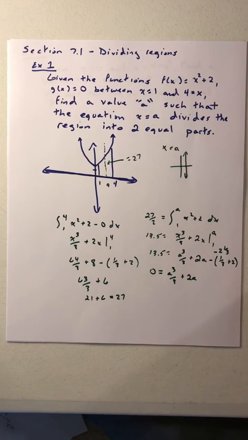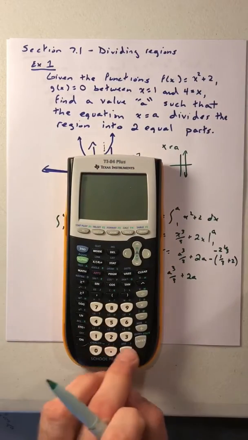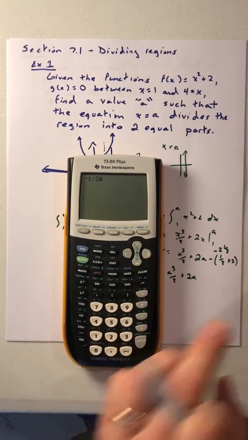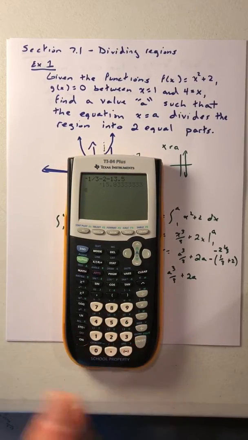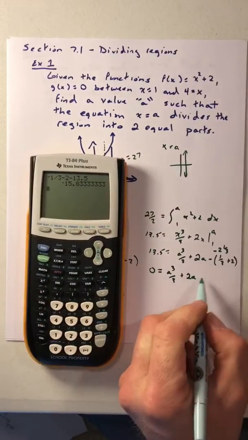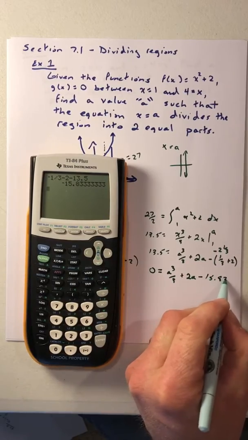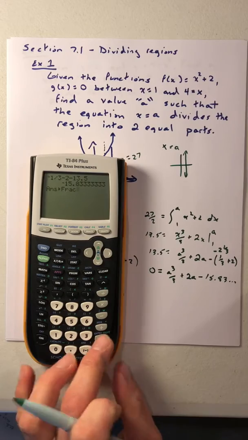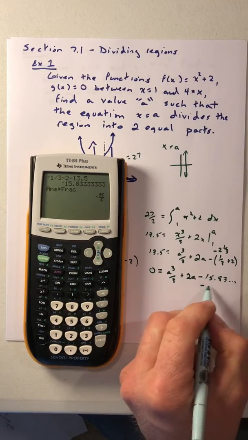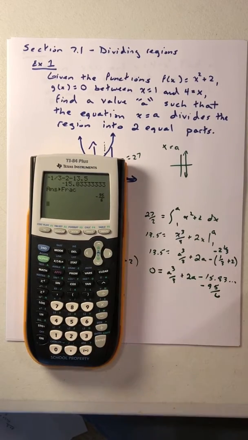So if I take my negative 1/3 and I subtract the 2 and I subtract 13.5, I'm going to get negative 15.833 and so on. I could change it to a fraction, and end up with negative 95 over 6.